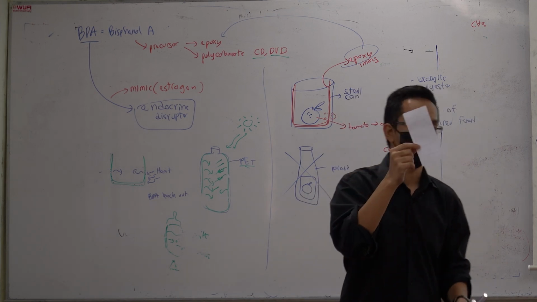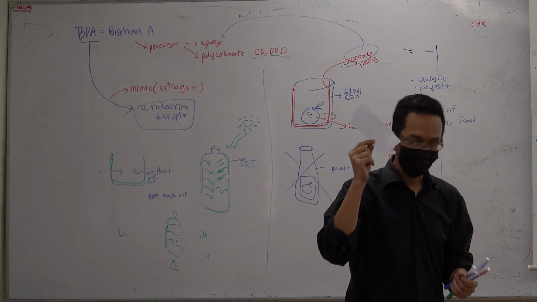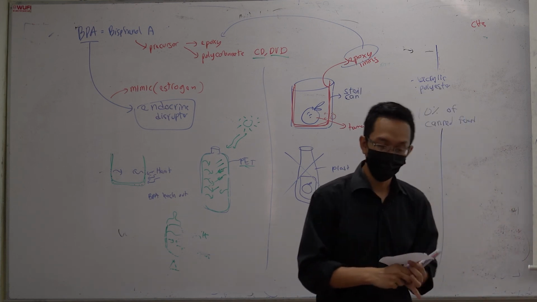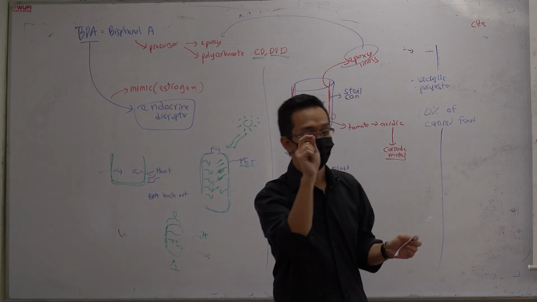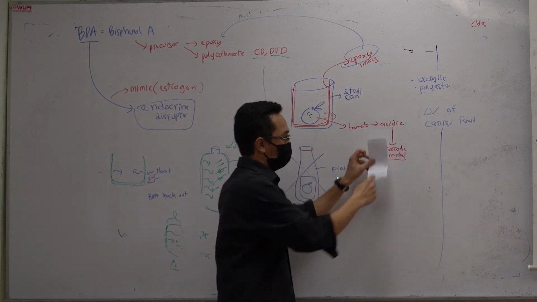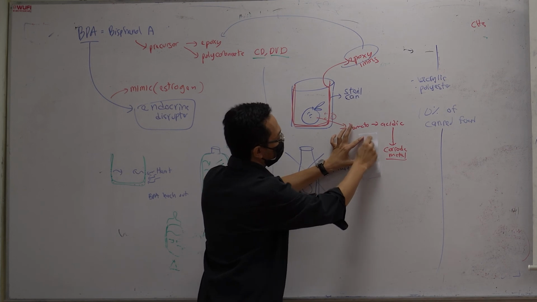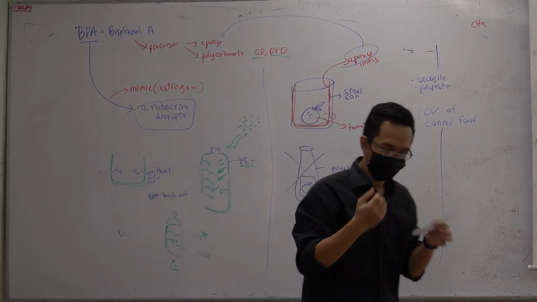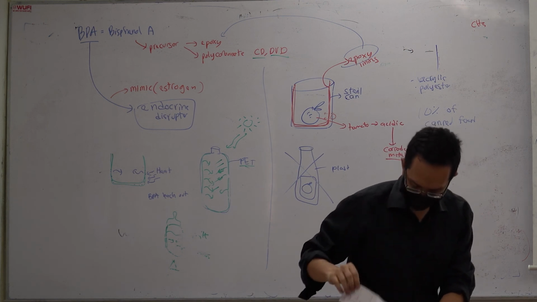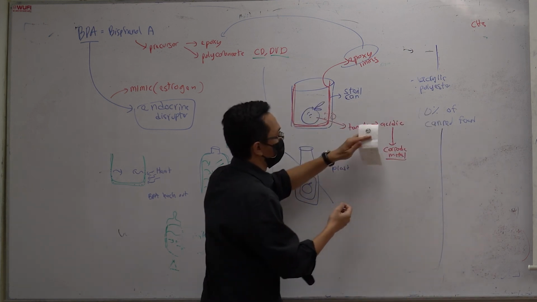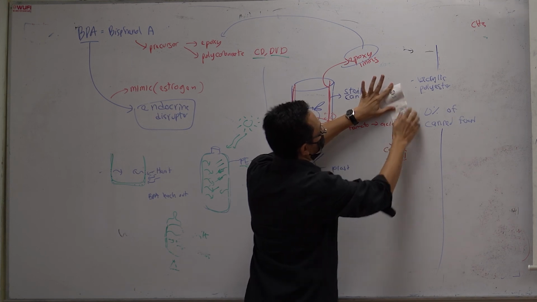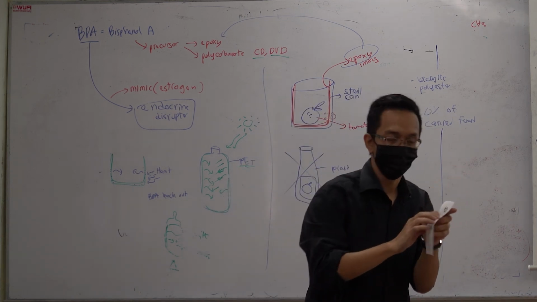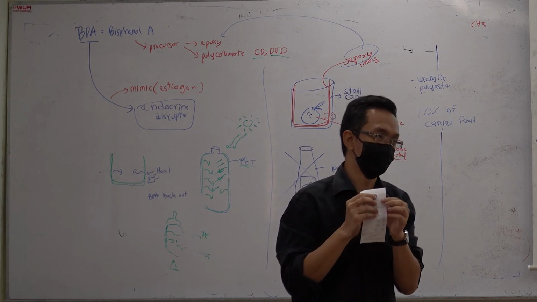Okay, this thermal paper is not any normal paper. What does it mean by thermal paper? If I try to scratch this thing, you will see the color change. So if you use your nail and try to scratch, you will see the color blacken.